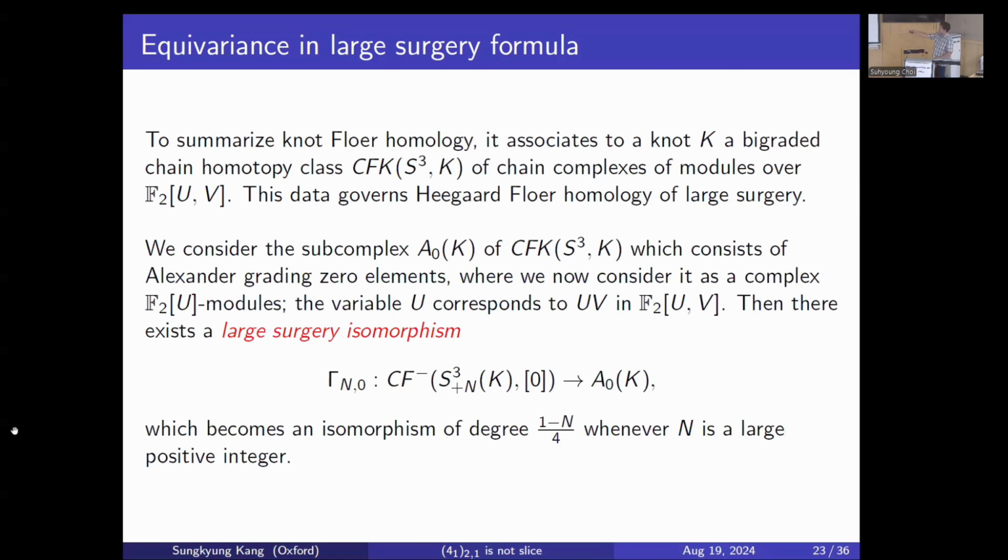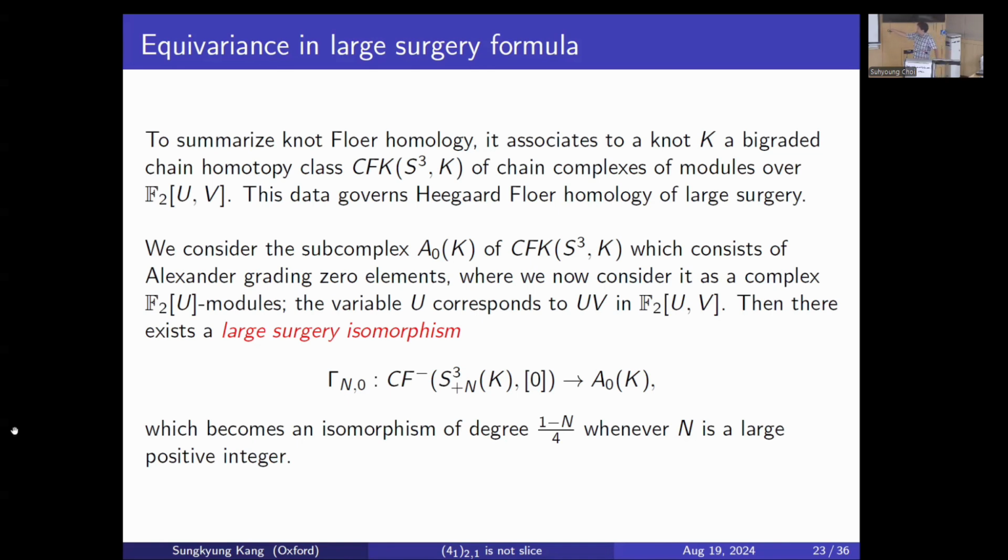Here this has a bigrading and then two variables, U and V. You forget the actions of U and V and only remember the action of U times V. Then this chain complex splits along its Alexander grading. The summand corresponding to the Alexander grading 0 is called A0. So this is a subcomplex of Alexander grading 0 elements.